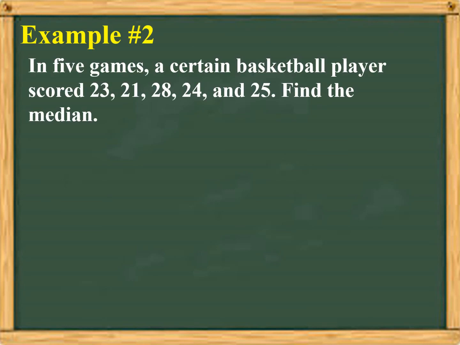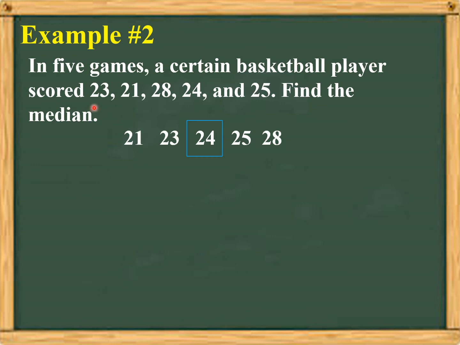Let's have now example number 2. In 5 games, a certain basketball player scored 23, 21, 28, 24, and 25. Find the median. In finding the median, it is important for us to arrange the data from lowest to highest or vice versa.